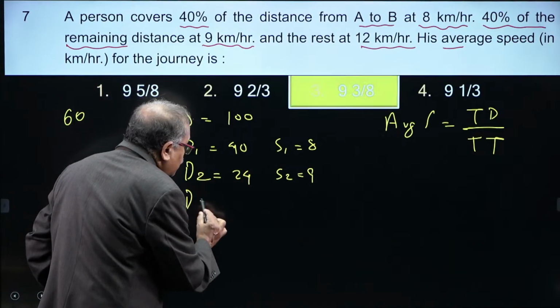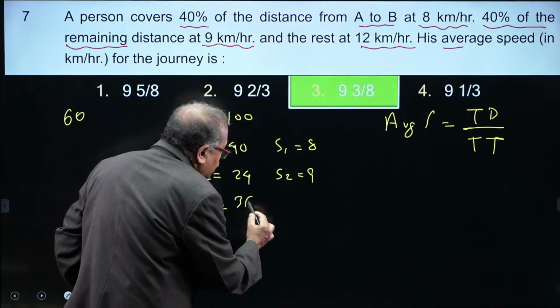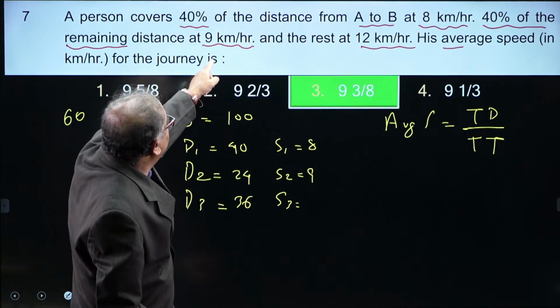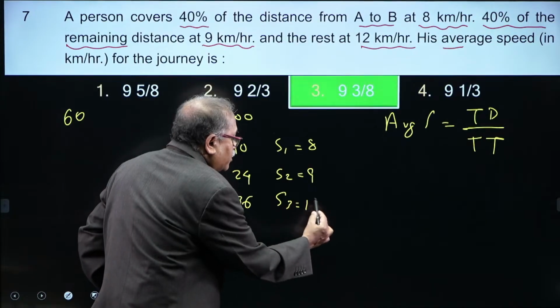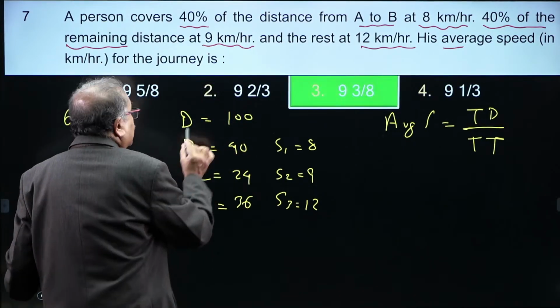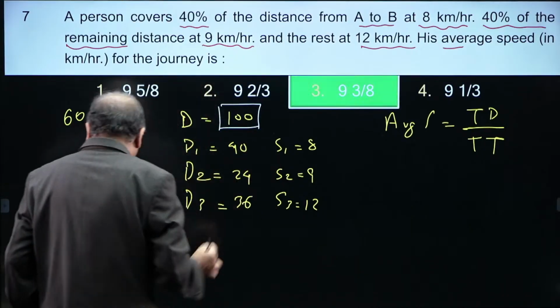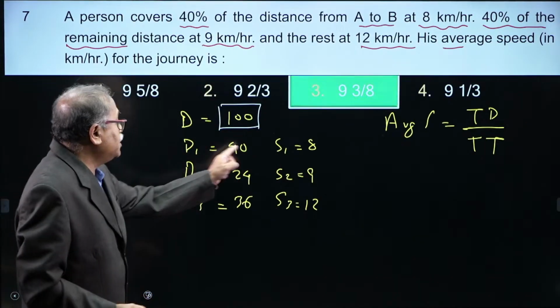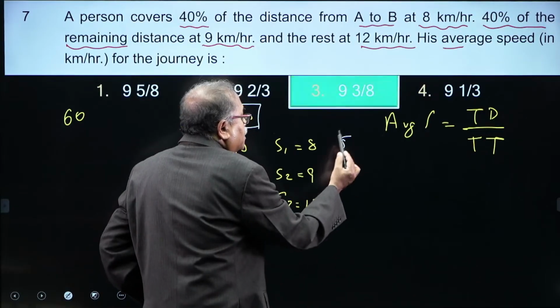So, D3 is 36, and speed 3 is the rest with 12 km per hour. So, what is my total distance? The total distance is 100 km, and what is my total time? The total time here is 5 hours.